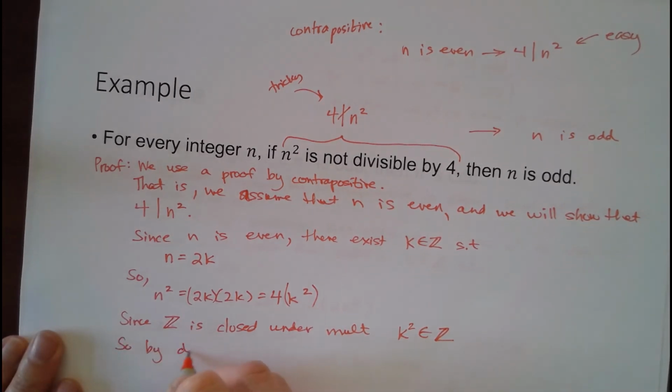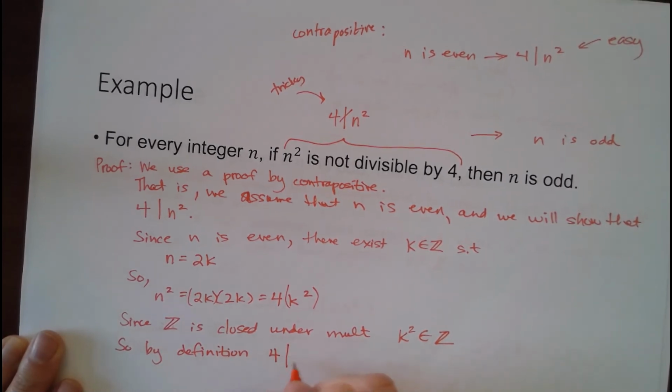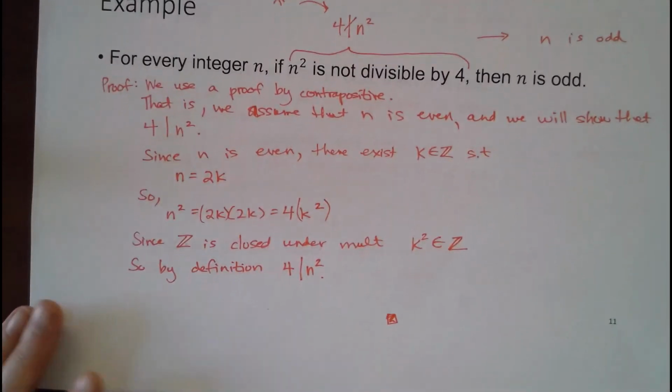So by definition, 4 divides n squared. Everybody got that one?